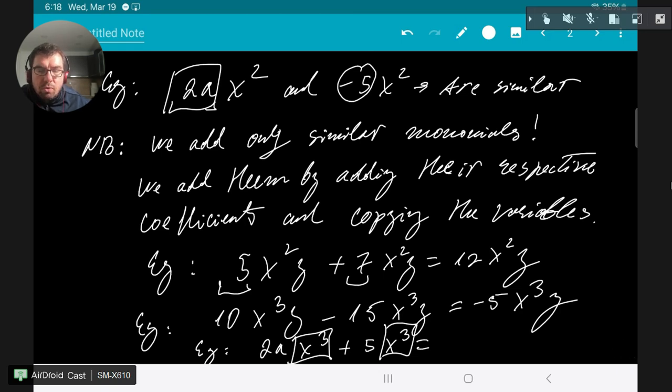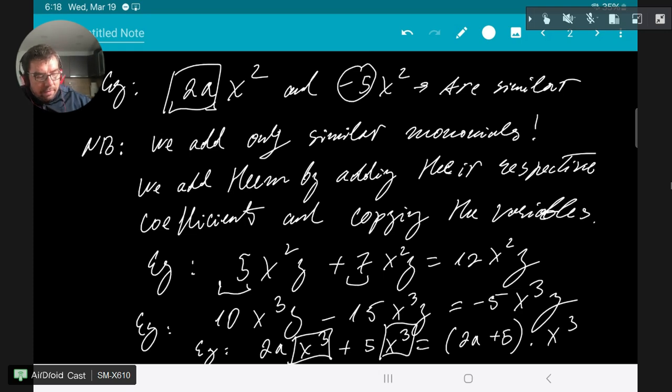But because I don't know what number a exactly is, I just leave it like that in brackets, okay? So this will become 2a plus 5 in brackets times x to the power of 3. Again, this is a monomial because 2a plus 5 is a constant. It's part of the coefficient.